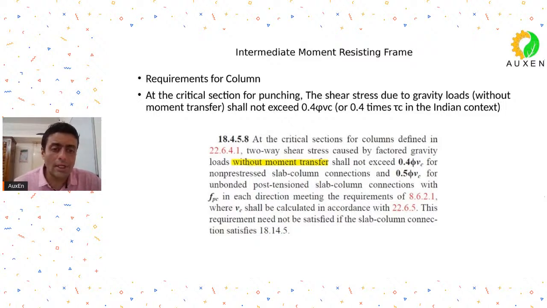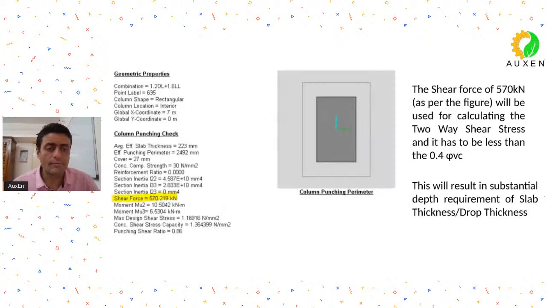Here I have underlined that the stress that I am talking about has to be only because of the gravity load, and we do not have to consider punching stresses due to moment transfer. If you are aware of flat slabs, we calculate the punching stresses because of moment transfer, and we also calculate the punching stresses because of the direct load.